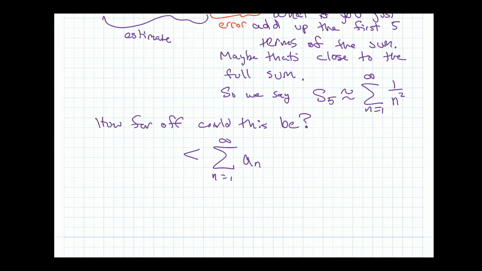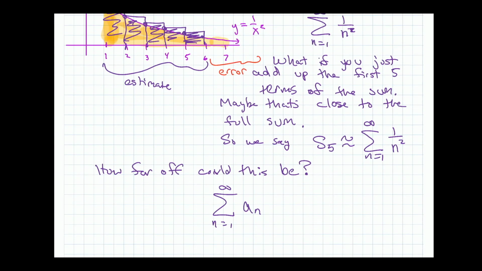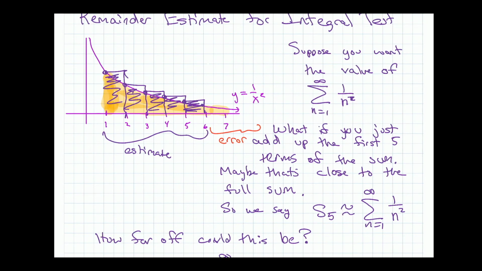Well, we don't know exactly what the error is, but the error could be related to the integral. Like, what if you did the integral from 1 to 6 of 1 over x squared dx? That would be this area under the curve. Now, isn't that going to be approximately equal to the terms of the sum that we didn't calculate? It would be.